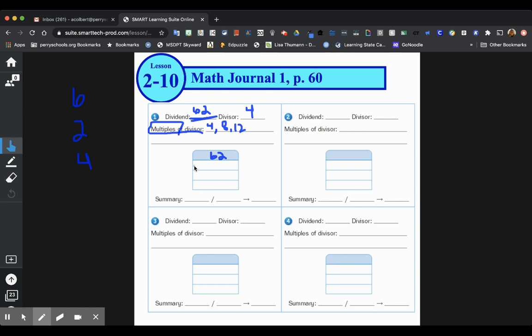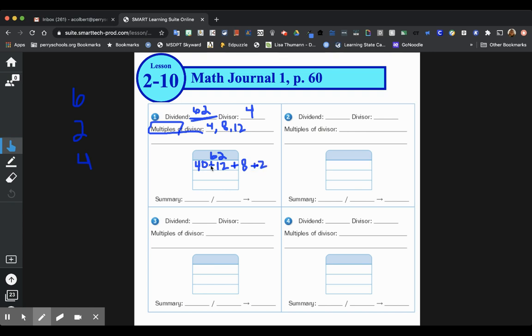So I might say 40, because I know 40 is a multiple. 40 plus 12 is 52. And then I might say plus 8 plus 2.